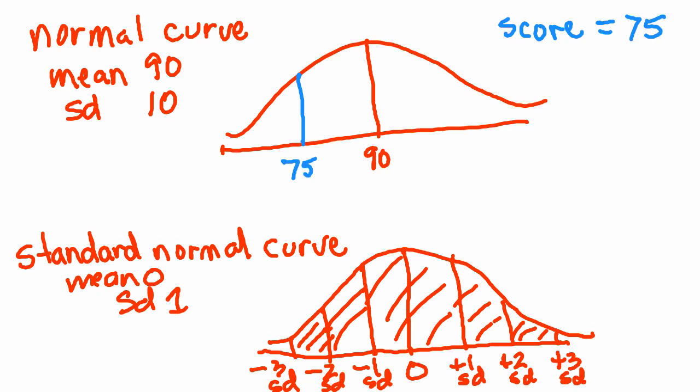To check it out, we find a z-score. And the z-score is our score minus the mean divided by the standard deviation. So I'm going to use my calculator. And notice it's negative. And it should be negative because it's on the left.